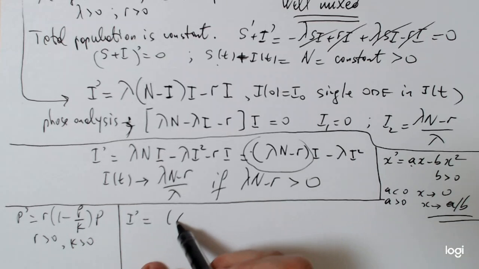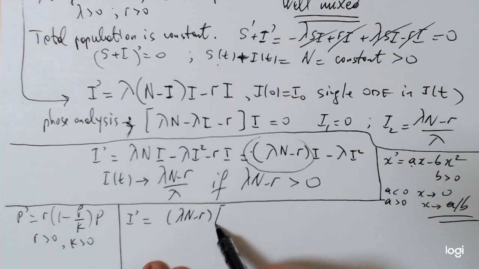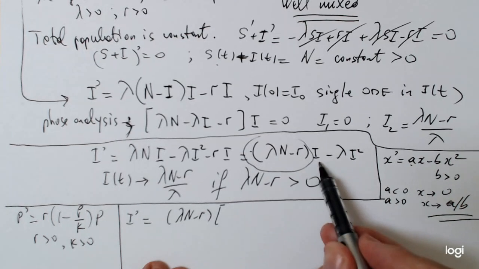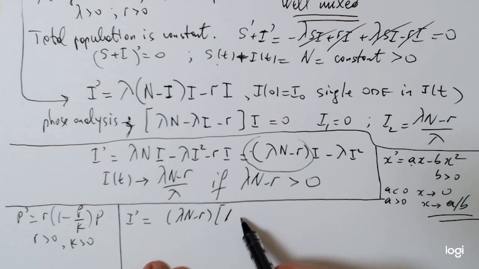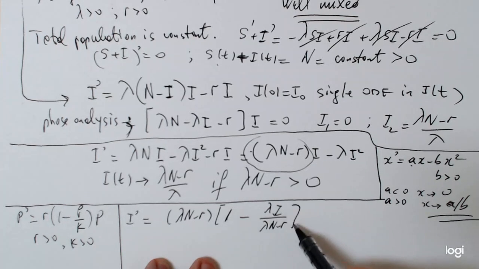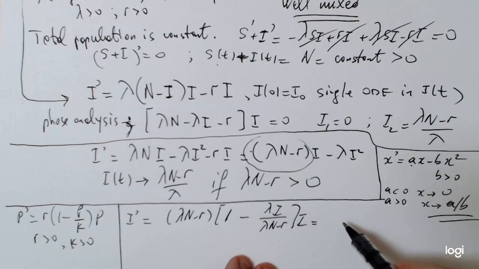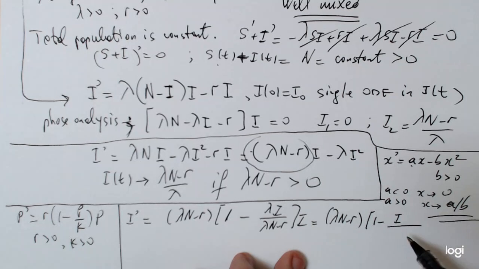I can, for example, pull out lambda n minus r, keep it together so that it's out like this. And then inside the parentheses, if I pull I as well, there's just 1 minus, let's see, lambda I over lambda n minus r, I, and I can further write this down as lambda n minus r, 1 minus I over lambda n minus r over lambda.